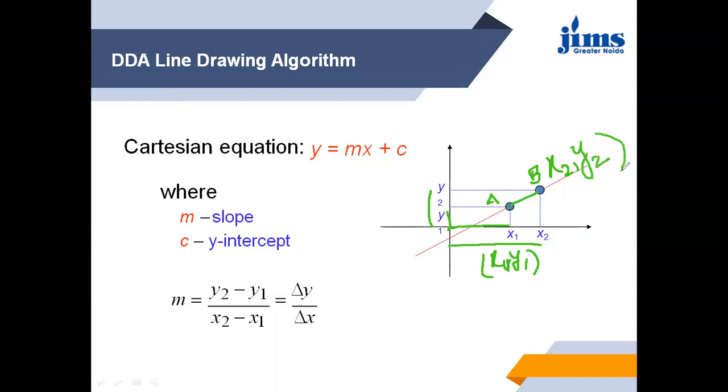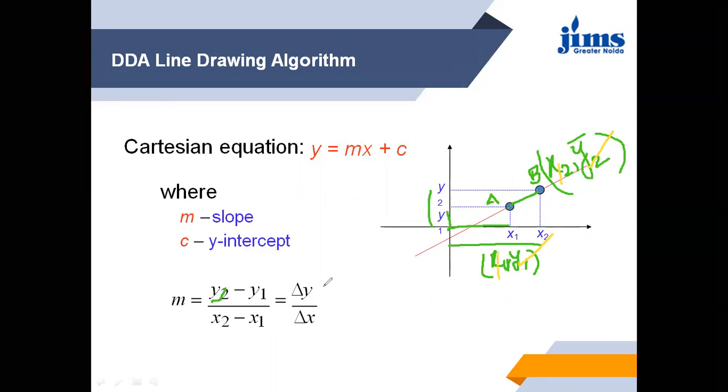When we have to find out the slope, it is y2 minus y1 divided by x2 minus x1.